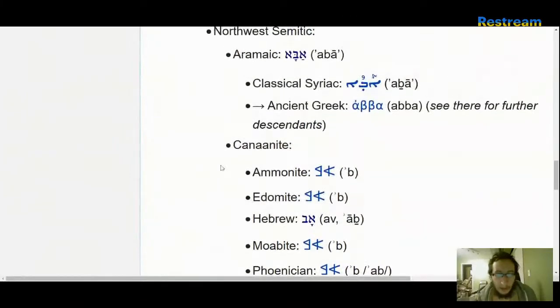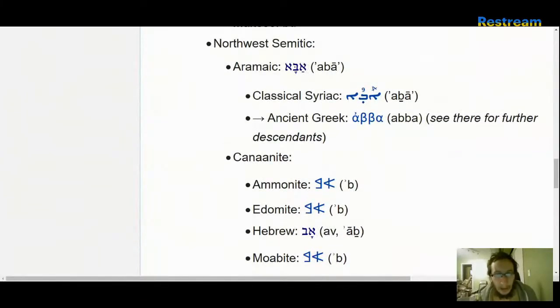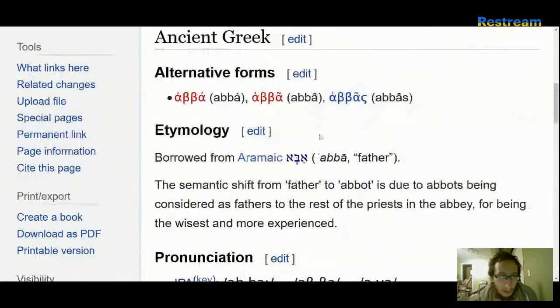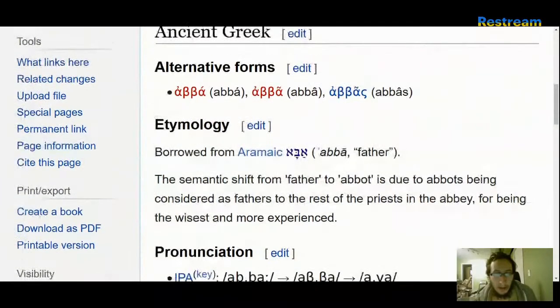But now let's take a look. Aramaic is Abba, spelled with the A at the end. Syriac, which is an offshoot, also has Abba, same word, because Syriac is essentially Aramaic, just a later dialect. Akkadian, it's a loan word. Greek wrote it early on.